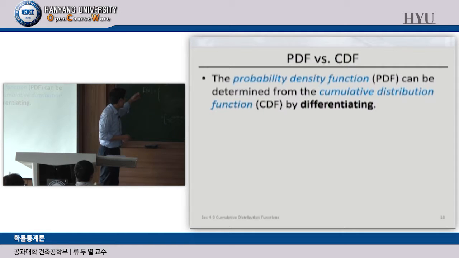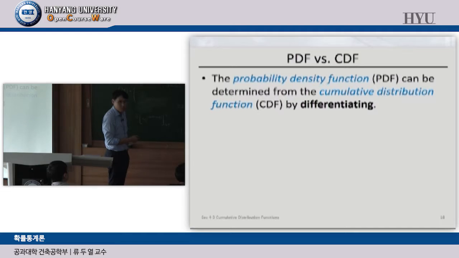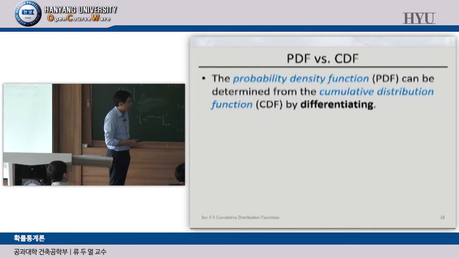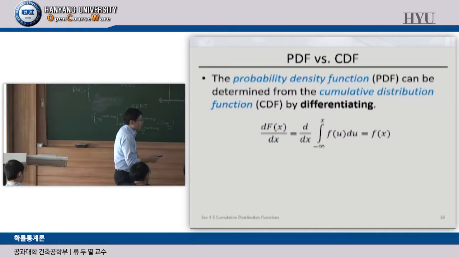Because we normally obtain the cumulative distribution function by integrating the probability density function, right? So if we want to calculate the probability density function, we can obtain it by differentiating the cumulative distribution function. So the differentiation of the cumulative distribution function with respect to x is equal to the probability density function, okay?